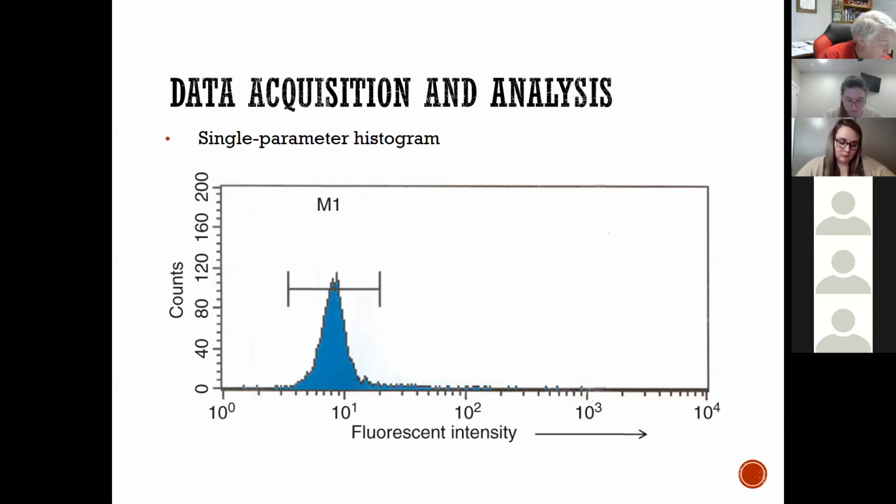When I see M1, the description under it doesn't say much about it. It just says a count and fluorescent intensity. And then all of a sudden it has this M1 peak. Does anybody remember that from lecture last Friday? What chapter did we have last Friday? 18?